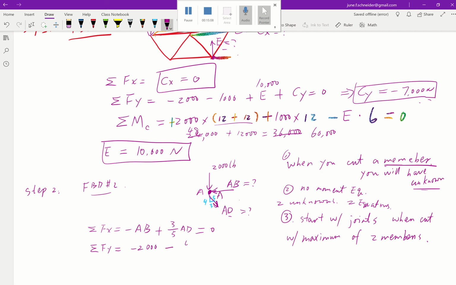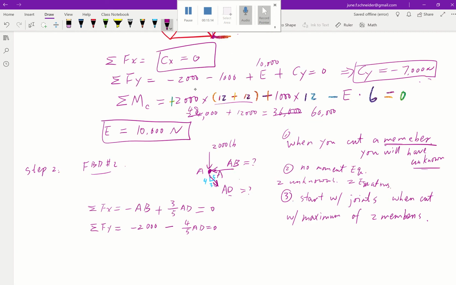So that's going to be negative 4/5 of AD, equal to 0. Then pause for a second, see what you got for this answer. What do we have for AD and what do we have for AB?